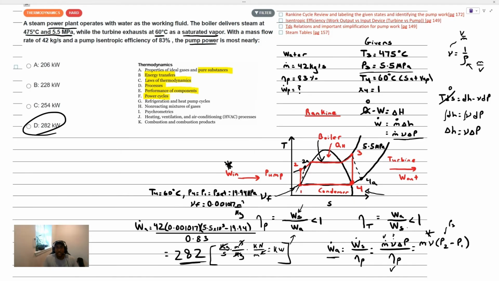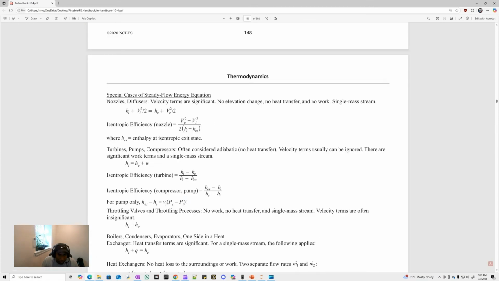If we quickly look inside of the reference manual, I'm going to show you some of these equations that you can find for a pump. The special case here is on page 149. For a pump, we know that the enthalpy change, the difference between the exit and the entrance, can be computed using the product of the specific volume times the change in pressure.